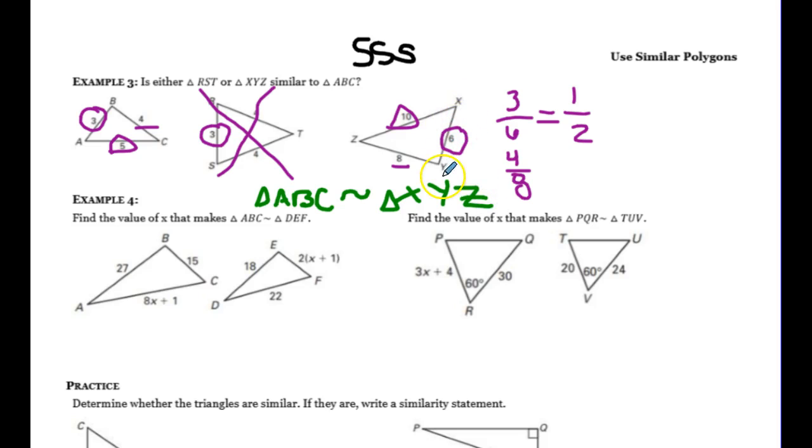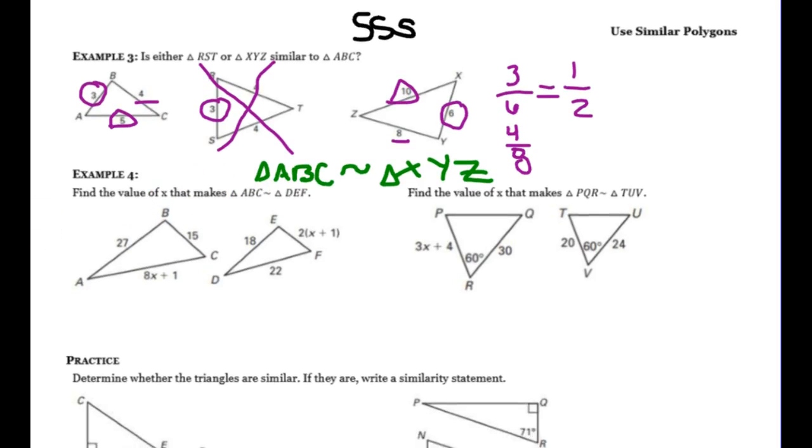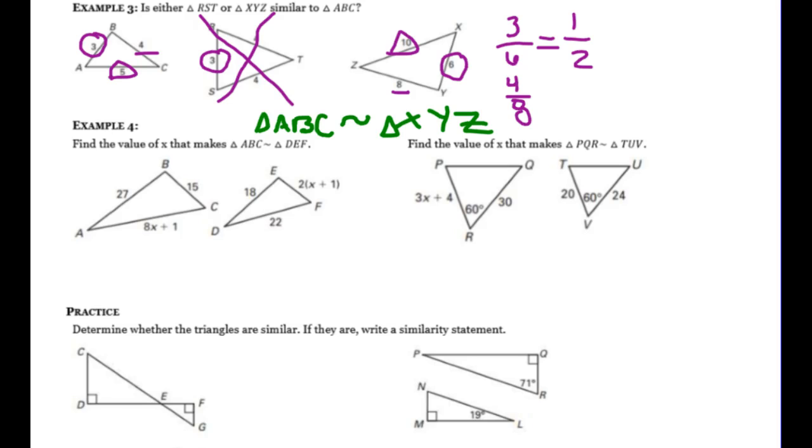And just make sure that your sides are the same. So AB was proportional to XY. BC is proportional to YZ. So that's how it's laid out in my similarity statement. Okay, in example 4, I want to find the value for X that makes these 2 triangles similar.